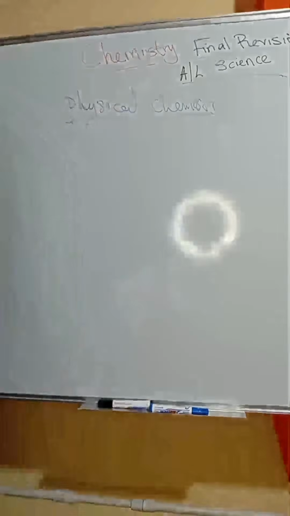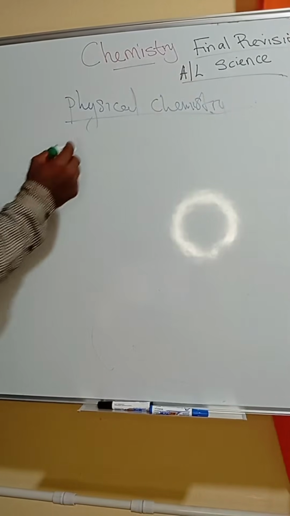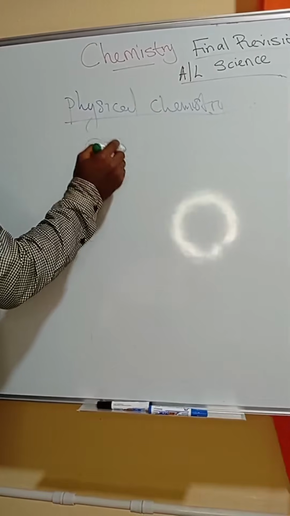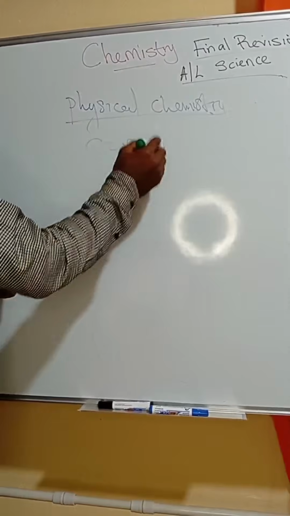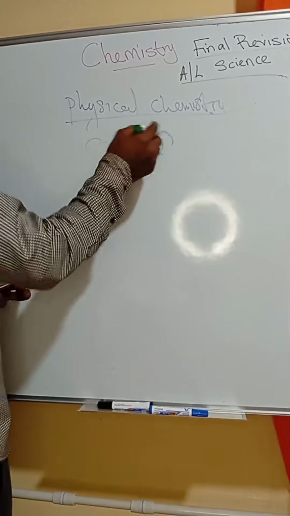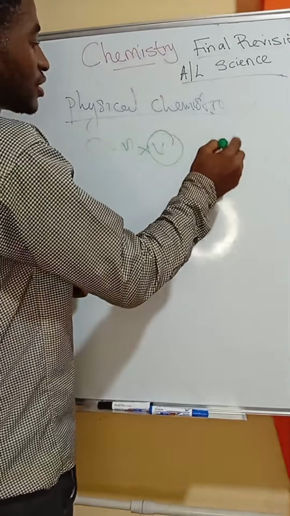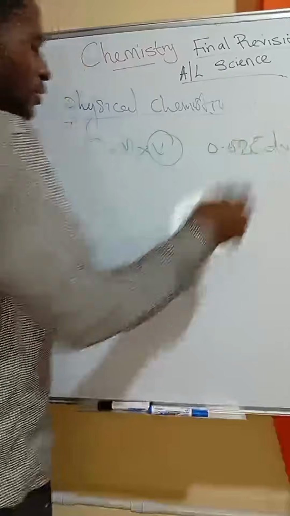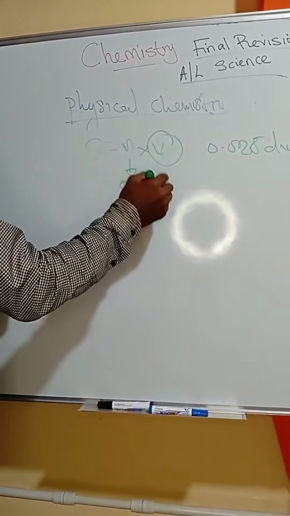I already gave you everything before even reading the question. I said concentration, that is C, is equal to the number of moles divided by the volume, which we already converted to dm³, giving us 0.025 dm³. So what was the number of moles? That was 0.024 moles.